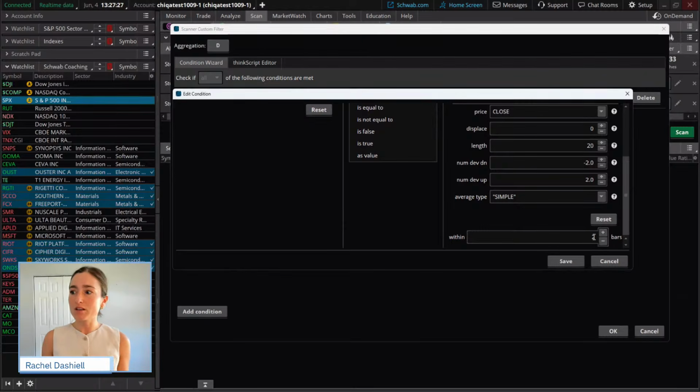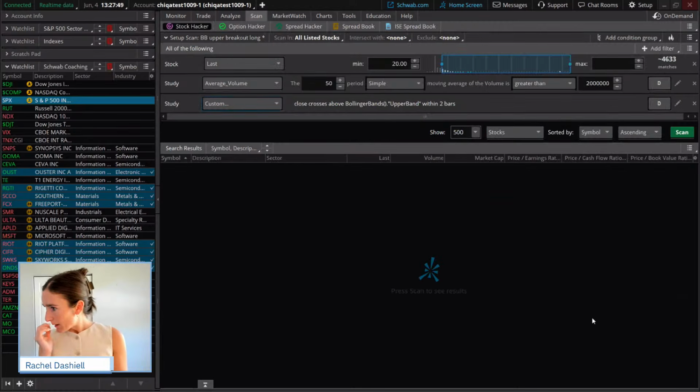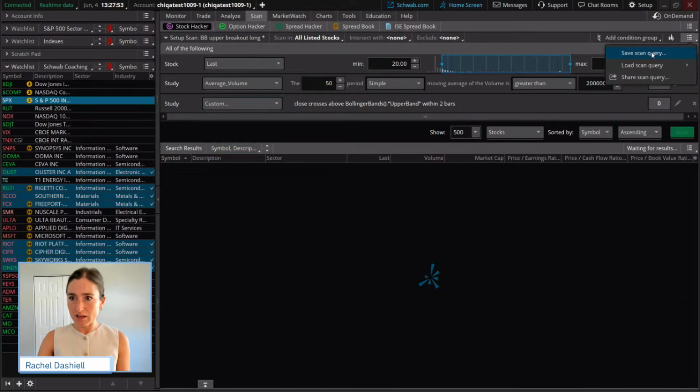Now, if you just want a signal that pops up just for today, you can do that. This is just a way to wait for a little bit of confirmation to say within the last 2 bars, either today or yesterday, price has closed above that upper Bollinger Band. So we're going to hit save, and I'm going to click OK here. And then I'm going to click scan, and I will share this scan with you guys.